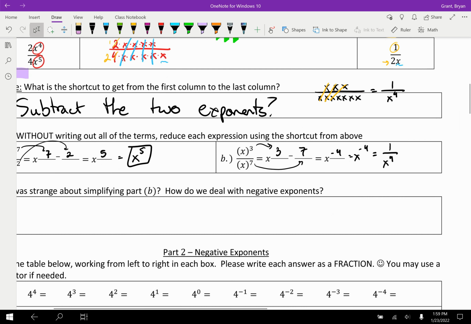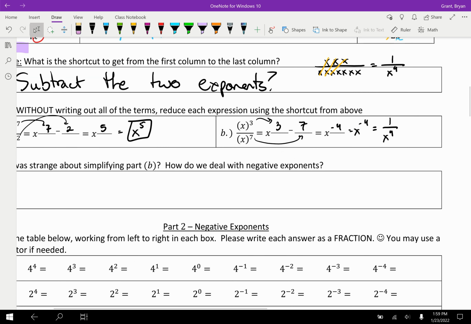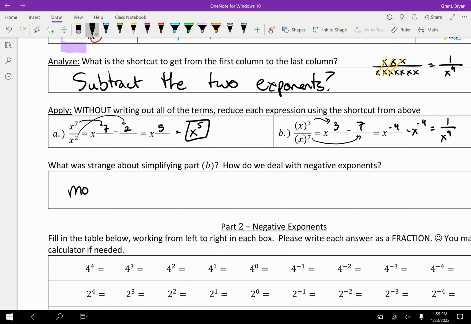So could we maybe come up with a shortcut here? Like if we subtracted the exponents and got a negative, how could we rewrite this so that the exponent was positive so it made more sense to the general population? Well, you might say something like move the number with the negative exponent to the denominator.